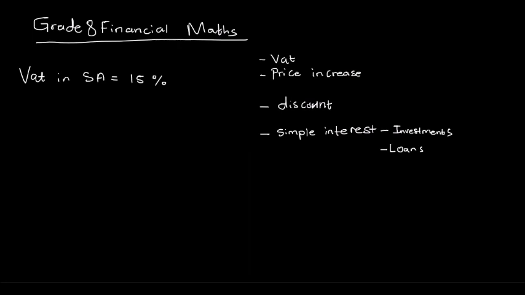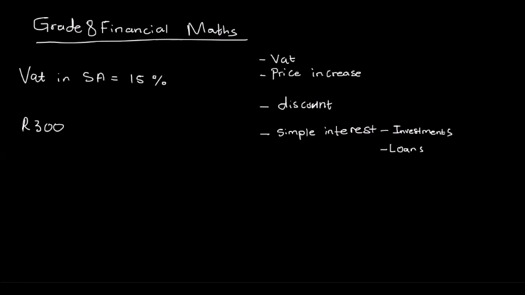Okay, so let's say you buy things that cost about 300 rands. All right, what is 15% of 300 rands? Okay, so how do you get that? What you will do is, the 300 rand is the amount that you've been given.